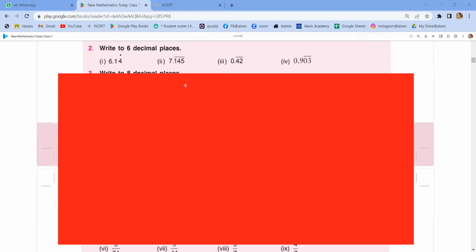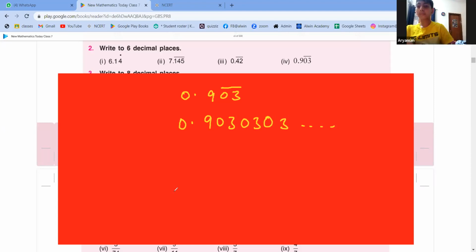The question is, fourth part, this is 0.903 and it's only a bar over 0 and 3. So how will we write this? We'll write this as 0.9. I'll write once and only 030303 will be repeated. Got it, Aryaman, or not? Yes, ma'am. No, I get it.